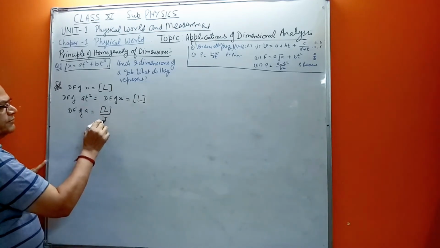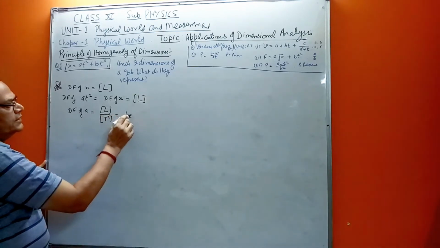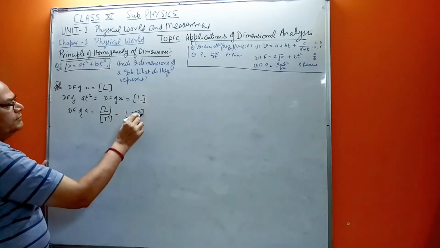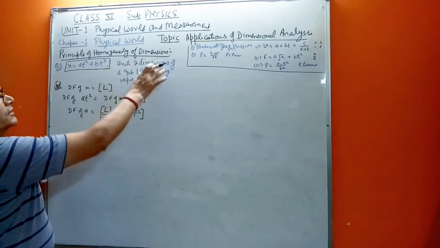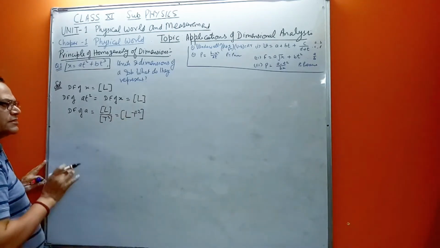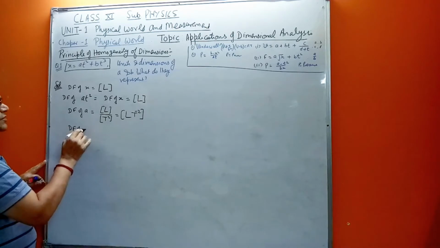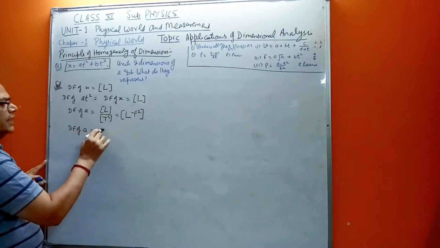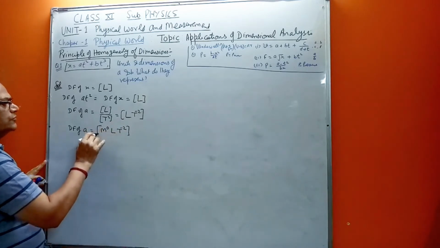This t square will have the dimensions T2. So finally it is LT minus 2. We were asked the unit and dimensions, so the dimension we got is LT minus 2, or in ideal form, the dimensional formula of a is M0 LT minus 2.